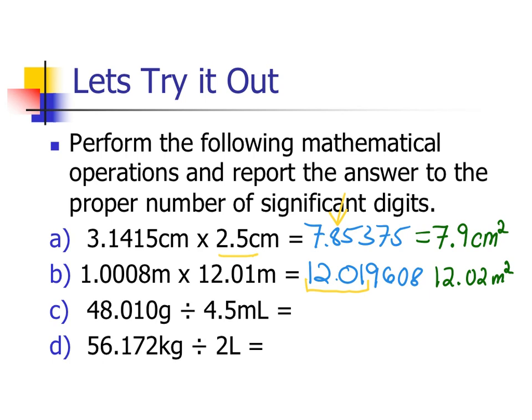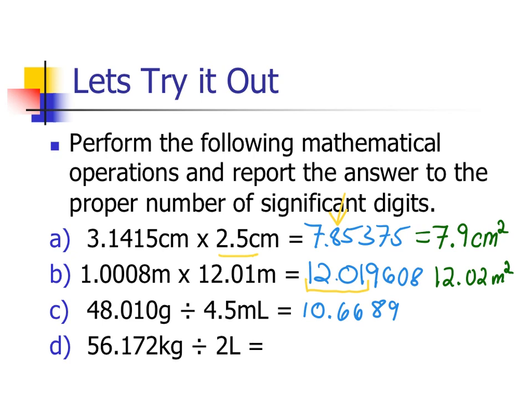48.010 divided by 4.5. Really long decimal. I'm not writing all of those digits in because they start repeating. 6, 6, 8, 9, because the 8 becomes a repeating number. I can only report 2 significant digits.